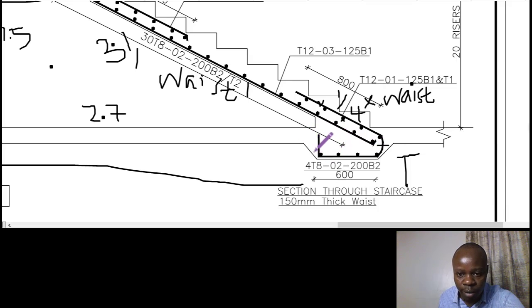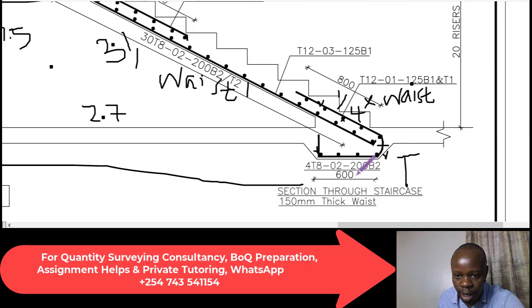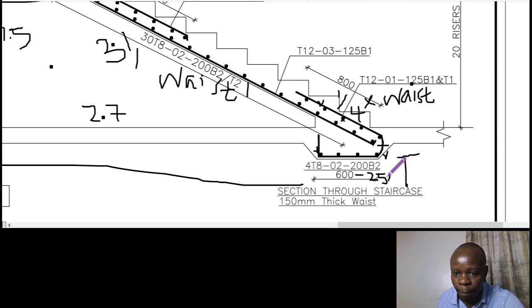So we'll less 25 here and 25 here. So we'll have this 600 minus 25, times 2 for the cover, and then we add that portion that is standing there.